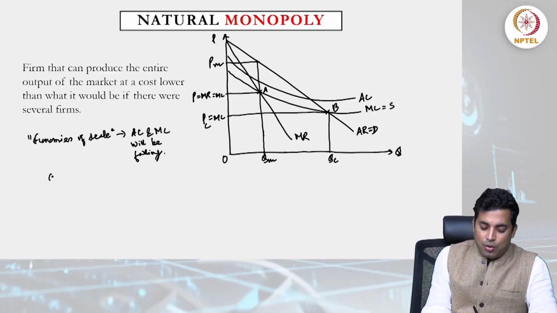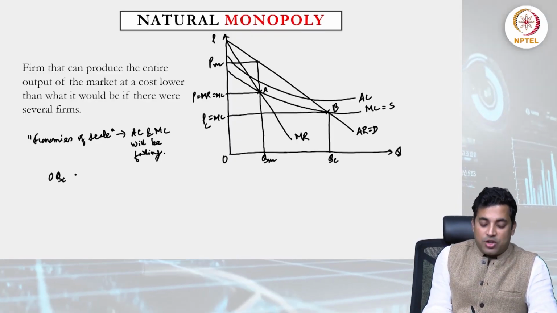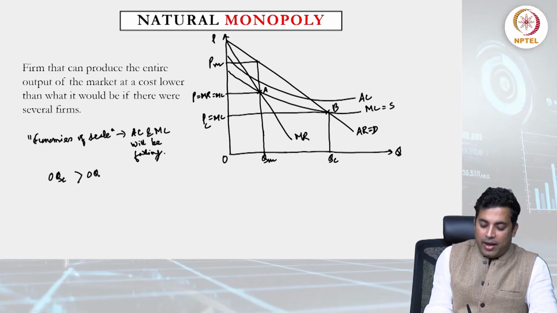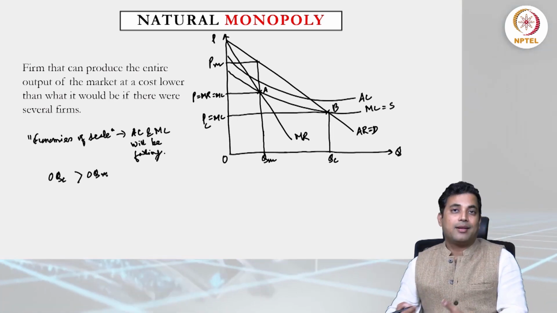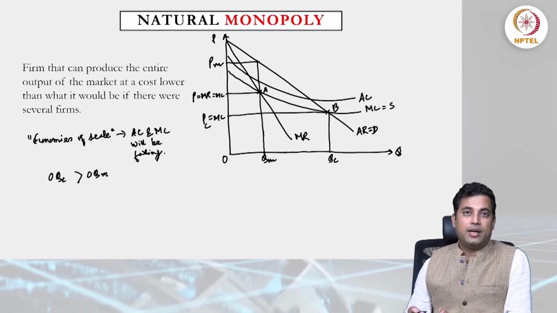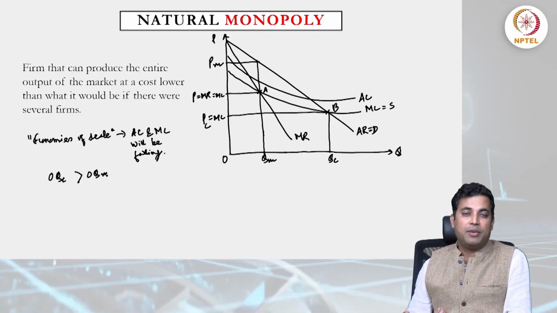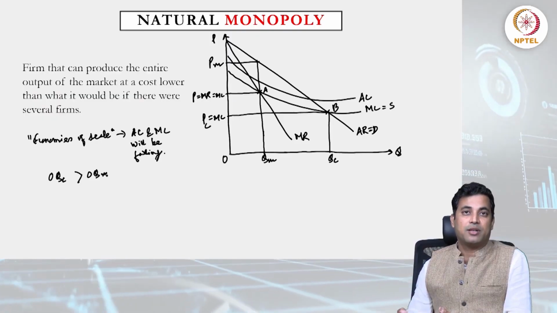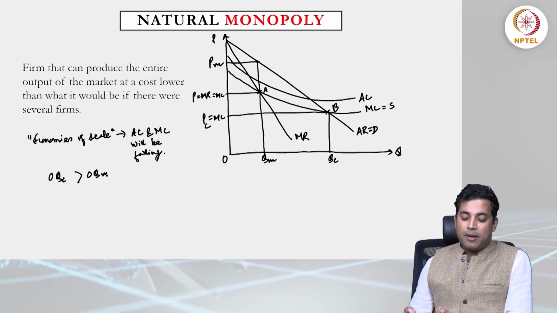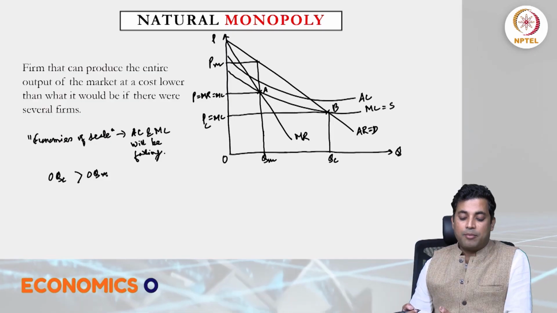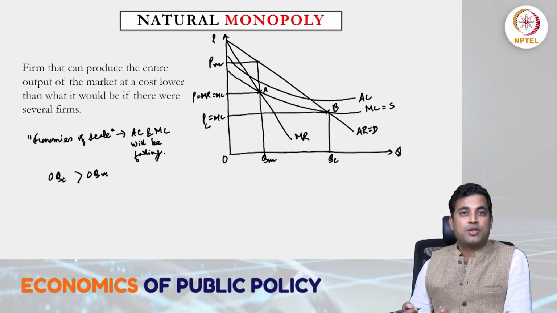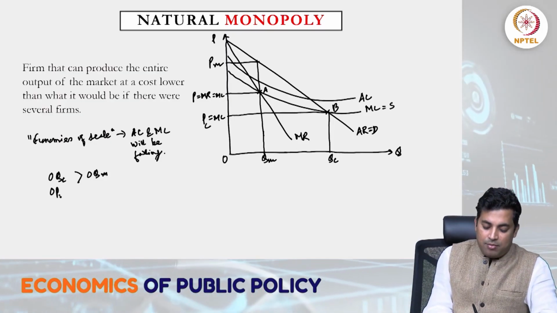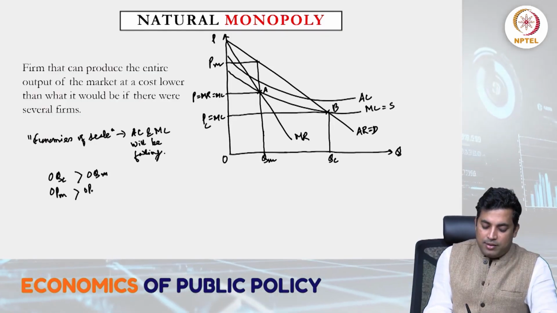We see that OQC is much higher than OQM, because the quantity produced under perfect competition will be much higher than under monopoly. In the case of price, the price set under monopoly, OPM, will be much higher than OPC.